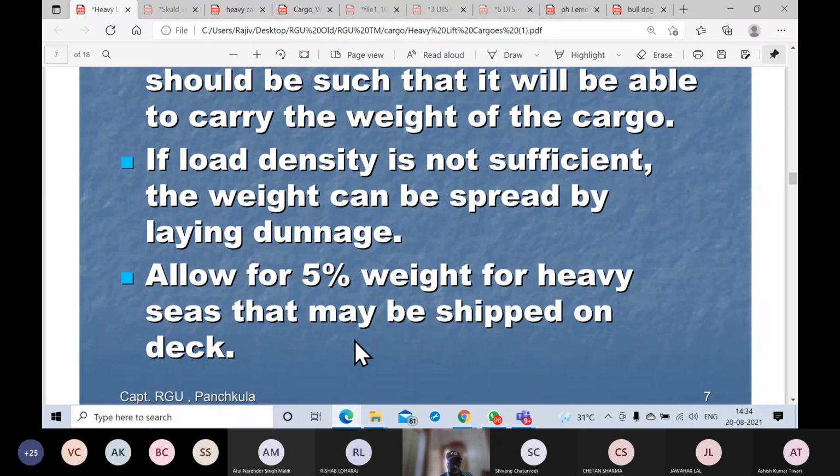There is a very fundamental difference. So hatch covers are technically speaking weather tight, where water cannot penetrate. When water cannot penetrate, then this 5% weight to be allowed for shipped seas is not included. But when it is on deck, this has to be done.